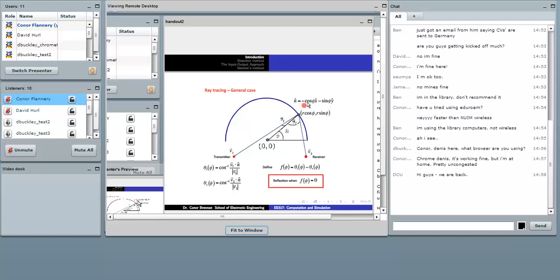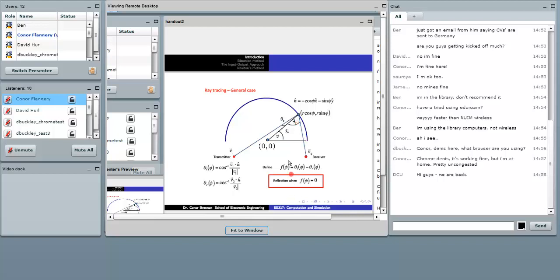This is the normal at this point, which is given by minus cosine phi x minus sine phi y. The angle these vectors make with the normal is theta i and theta r respectively. And if we can find a point such that theta i and theta r are the same, angle of incidence in equals angle of incidence out, therefore we have a reflection point.